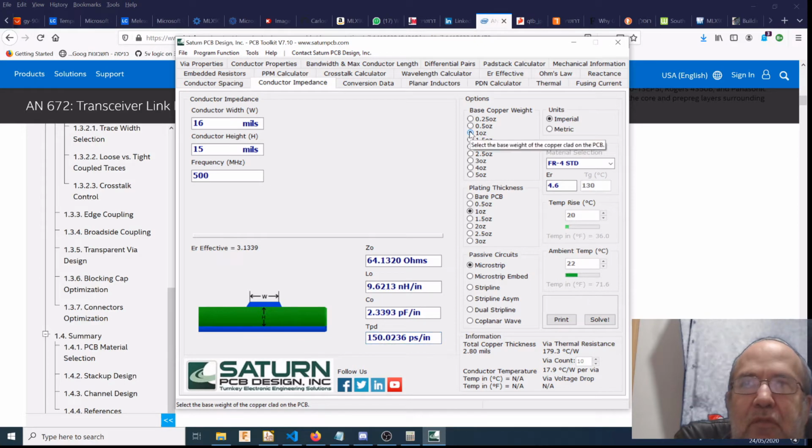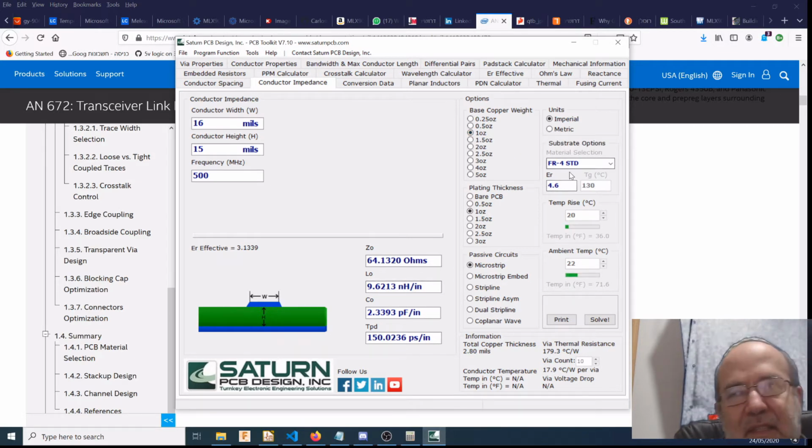If I go to half an ounce, 1 ounce, 2 ounce, it doesn't change that much. Less than 1 picosecond per inch. But let's take this now. This is with air outside, and my connector is on the outside.